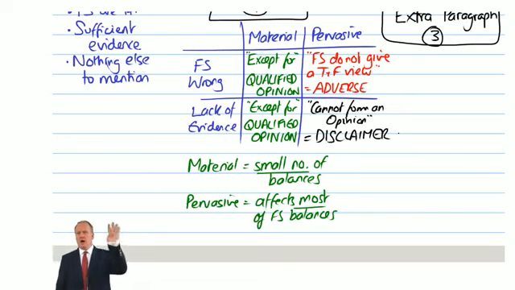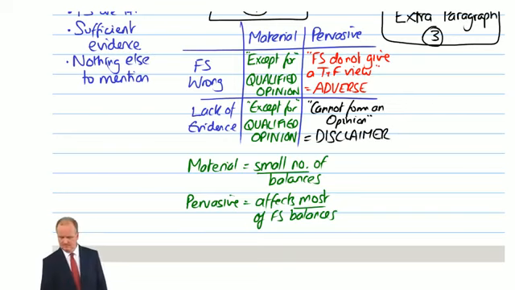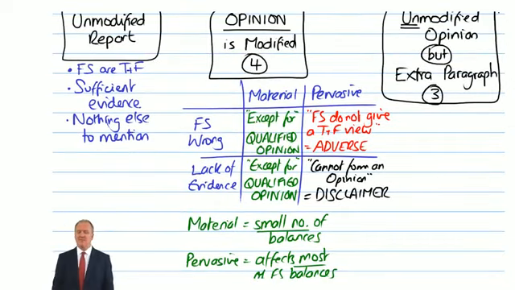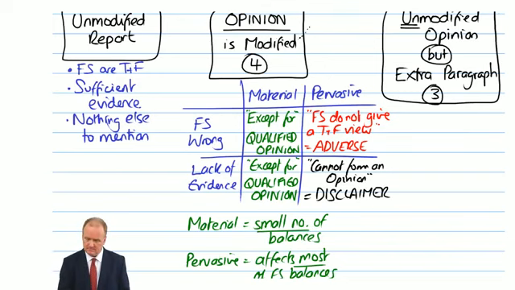So those are your 4 modified opinions. And whenever you have a modified opinion, the explanation of that modification will be in the basis for opinion section.